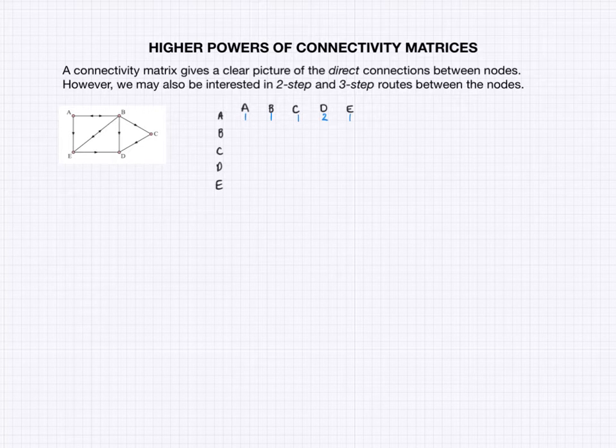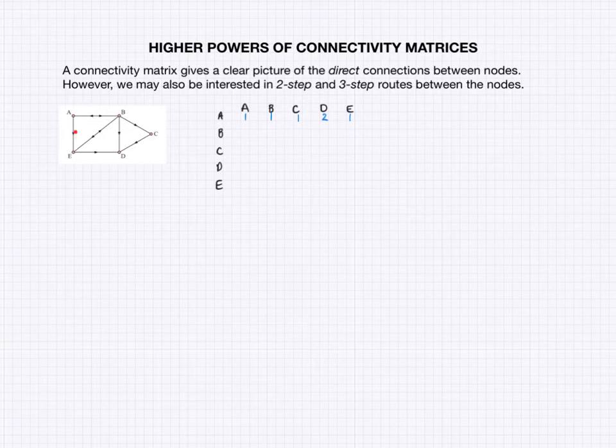Now if I have a look at that, there's quite a few more routes that we can take. If we now look at the node of B, and we want to go from B to A, you can see we've got 1 edge connection there.